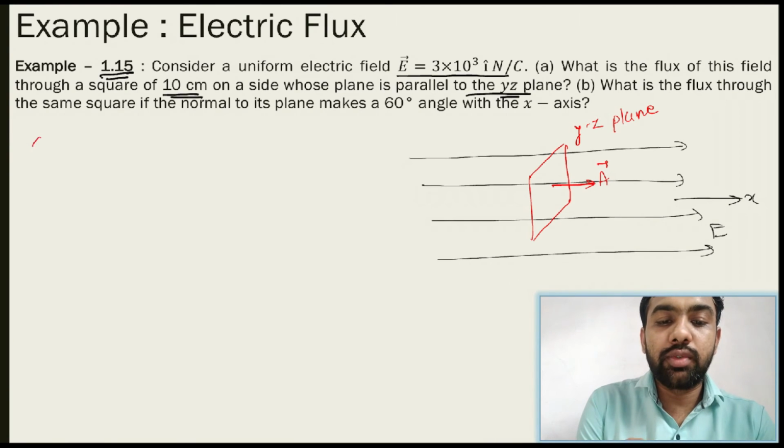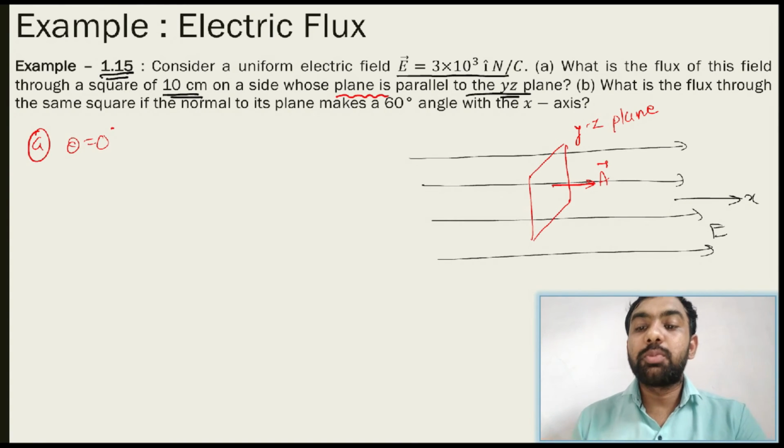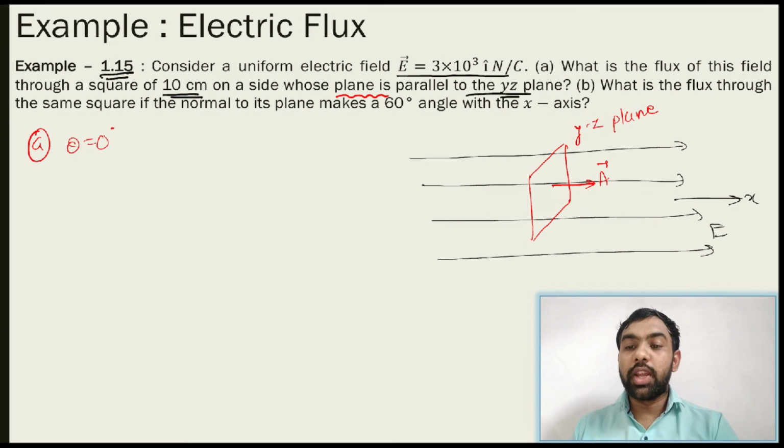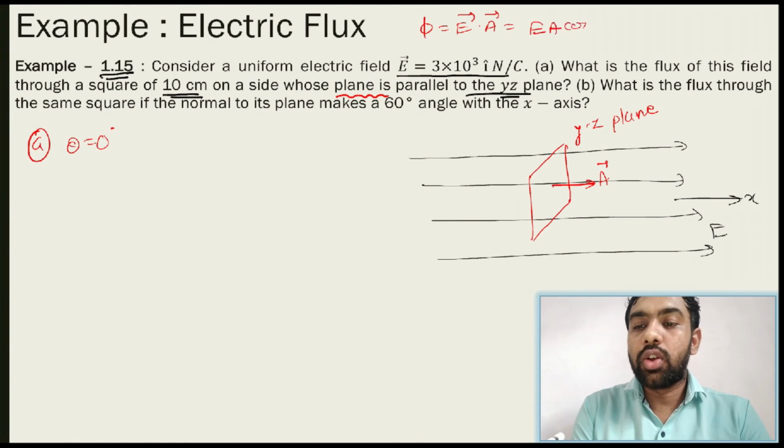So for this case 1, theta is equal to 0. The plane is perpendicular, so the area vector is also perpendicular to the plane. So the area vector of this plane and the electric field are both parallel. If you use this equation, Φ is equal to E dot A, which is EA cos theta.